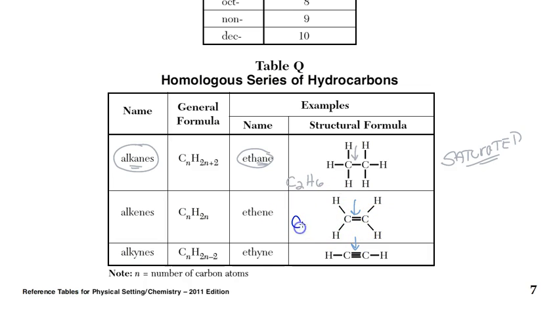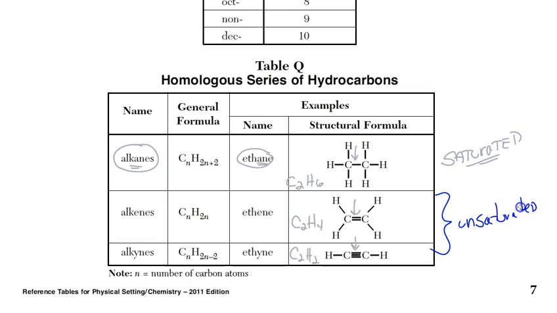This is C2H4, and this is C2H2. Notice the number of H's in the carbon chain drops as we add more bonds. So these guys are unsaturated.